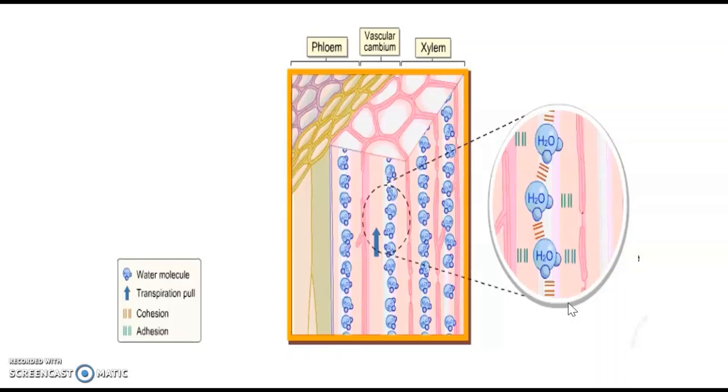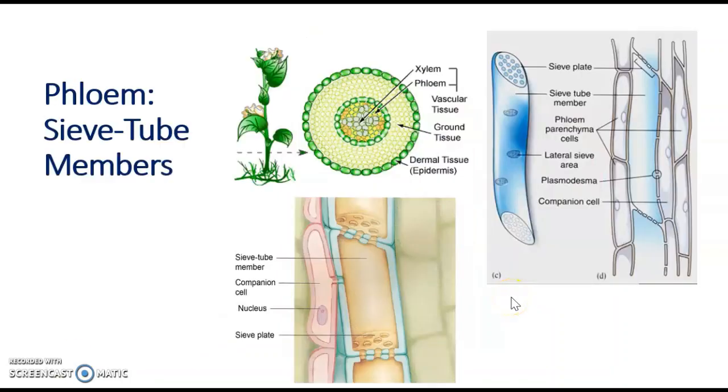Phloem moves sugar that the plant has produced by photosynthesis to where it is needed for processes such as growing parts of the plant for immediate use, storage organs such as bulbs and tubers, transport to developing seeds, and requirements for respiration.